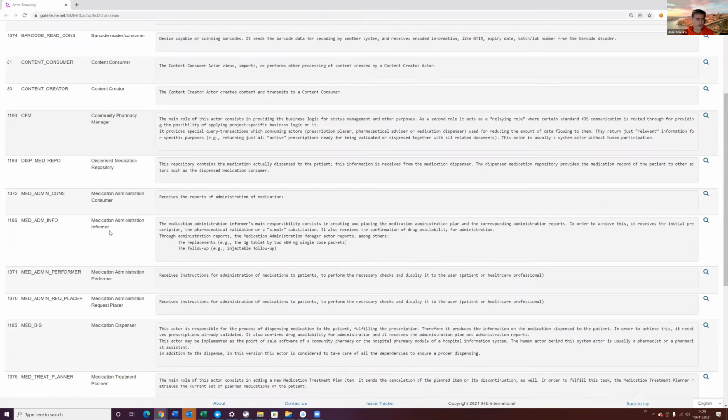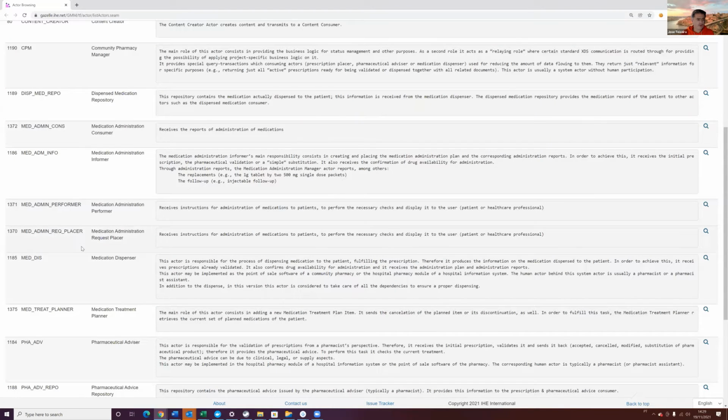But if you say that you have the medication dispenser, okay, so you have the actor that's a medication dispenser. That's really clearly a functional description of what the system is supposed to be doing. It says it's fulfilling the prescription. Sometimes it might not be a prescription; it just might be an over-the-counter dispense. But this is the kind of thing that helps us.